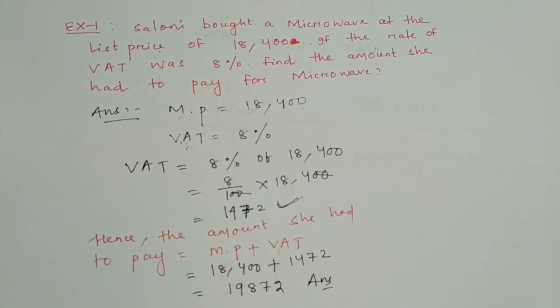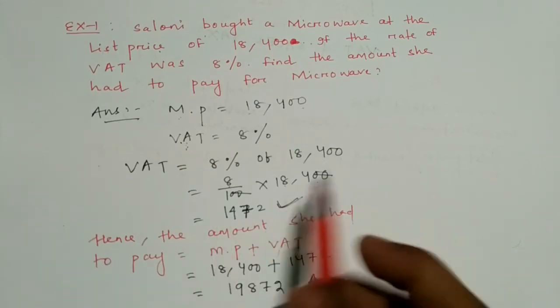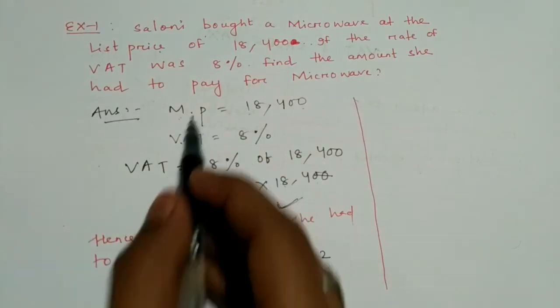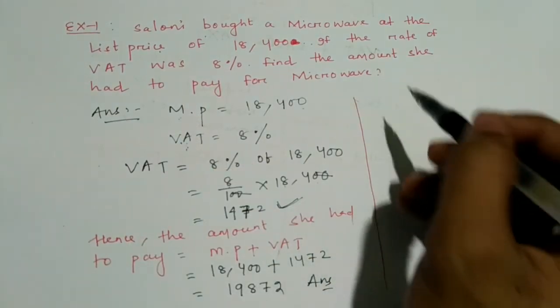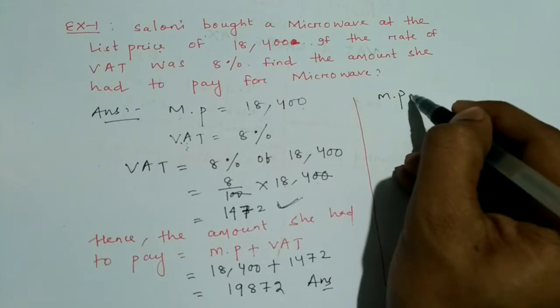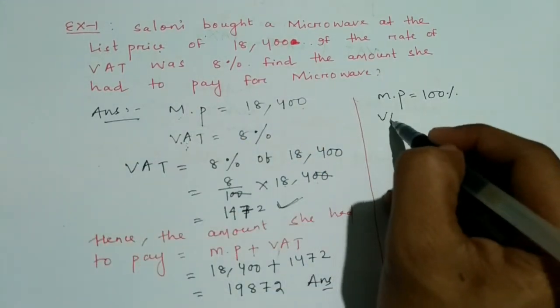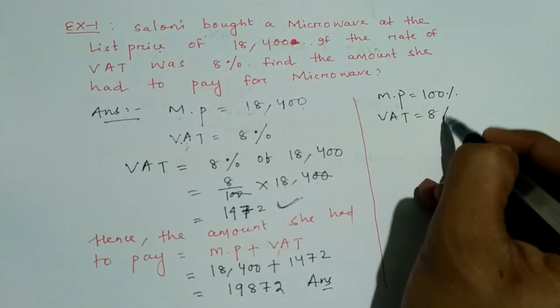So now we will go to the tricks that can be used for solving this within 10 to 15 seconds. As I already said, we have to take mark price as 100%. So let's take mark price is equal to 100%. And here the given VAT is 8%.